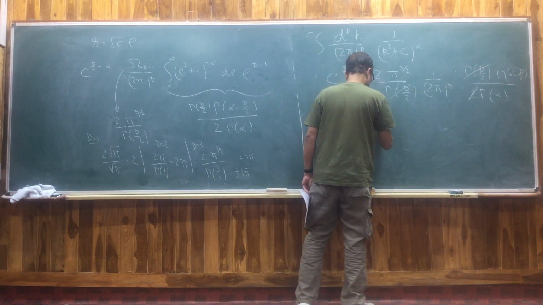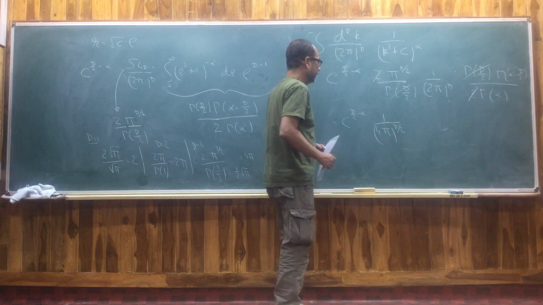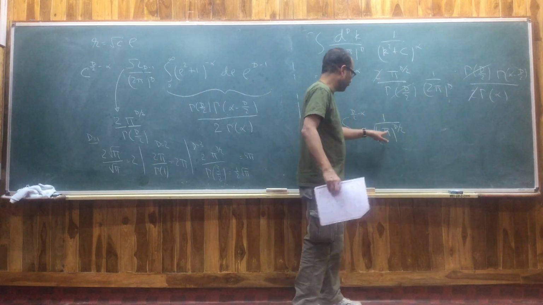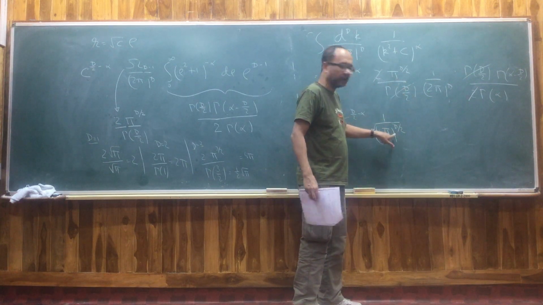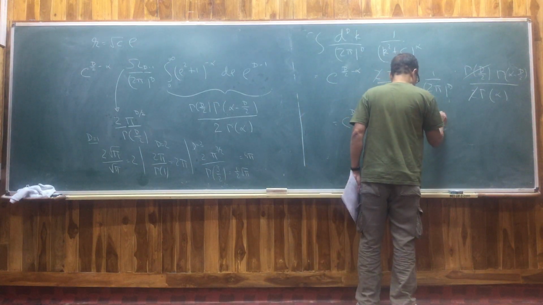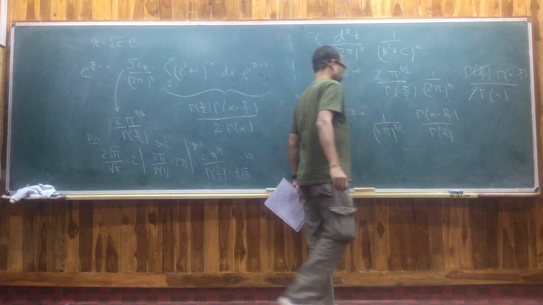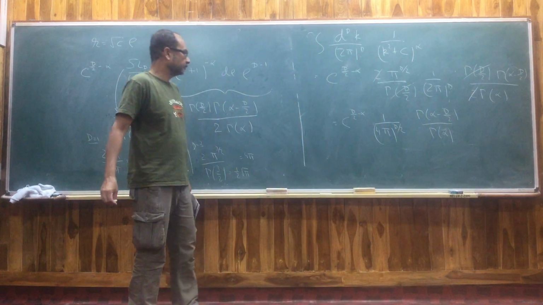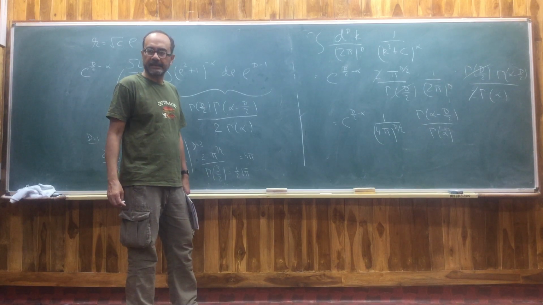So this one I can write as 1 over 4 pi to the d by 2, basically this 2 to the power d I wrote as 4 to the power d by 2, and this pi to the d and pi to the d by 2 got cancelled and become pi to the d by 2. Okay, so 4 pi to the d by 2 and then gamma alpha minus d by 2. Is this clear?